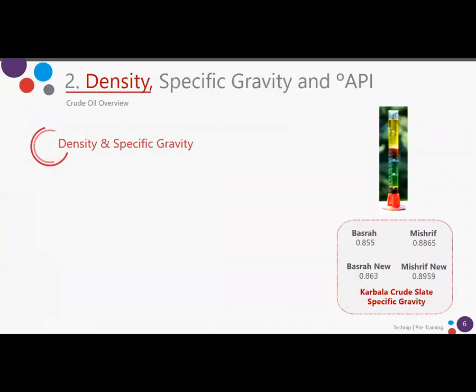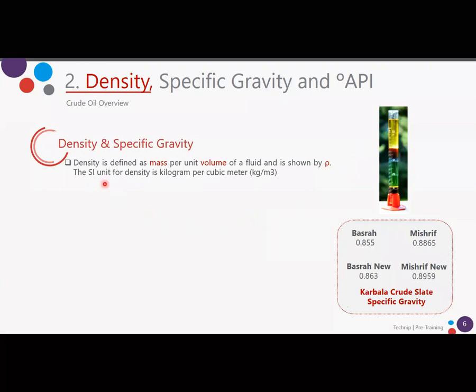We will start with the density and specific gravity. In this small square, you have the specific gravity for the crude oils to be treated in the refinery. Density is defined as mass per unit volume of a fluid and is shown by rho.